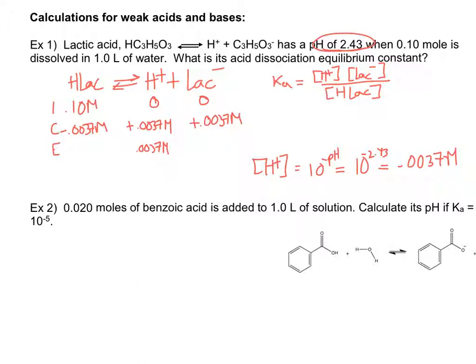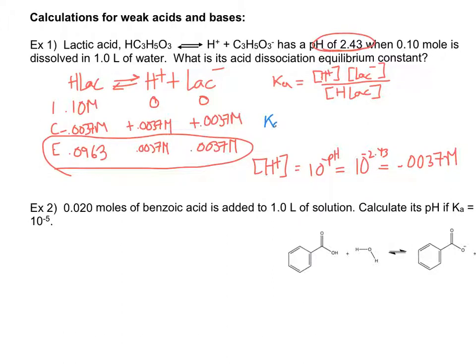And so this is 0.0037 molar, and this one is 0.0963. Now I actually have my equilibrium concentrations. I can plug those into my Ka expression.